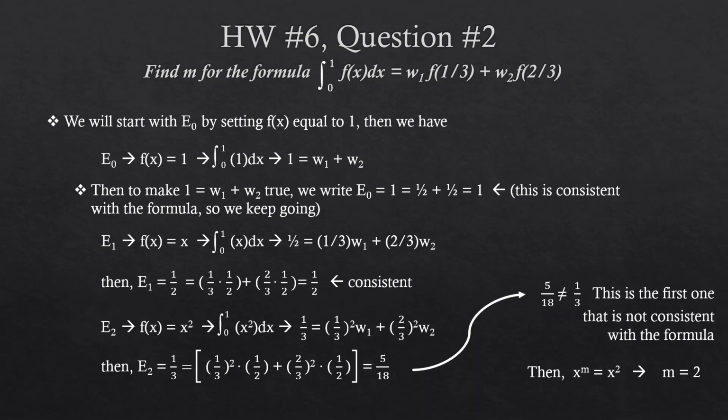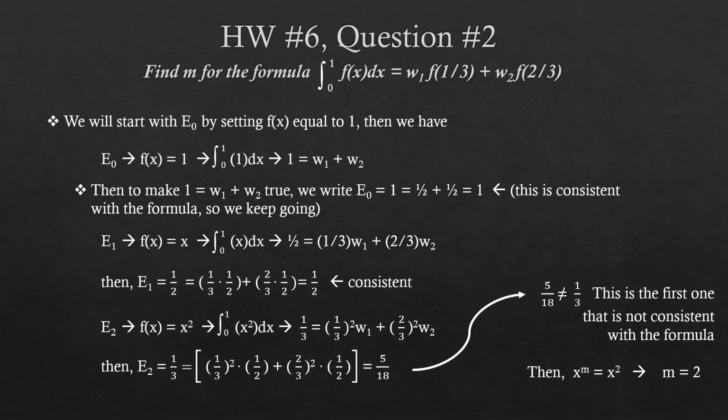We can just plug these values into our formula and see if it's true. So we have 1 over 3 times 1/2 plus 2 over 3 times 1/2 and end up with 1/2. We know 1/2 equals 1/2, so this equation is true, and this just means that we need to repeat since we're trying to find inconsistency.